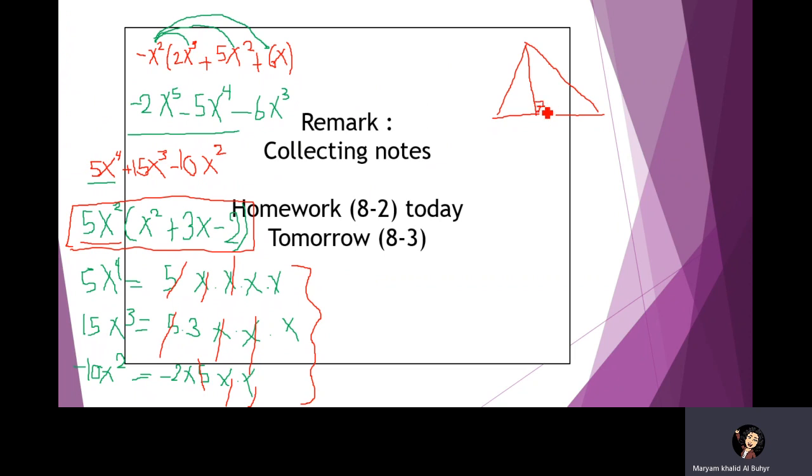So if you have, for example, a triangle, and then you have 2x to the power 2, and here you have the space 5x to the power 2 plus 4x. The question tells you: find the area.